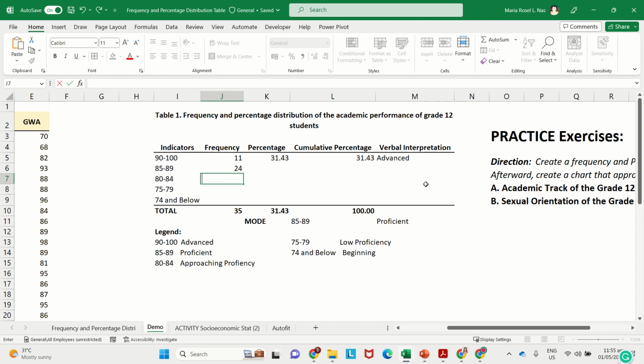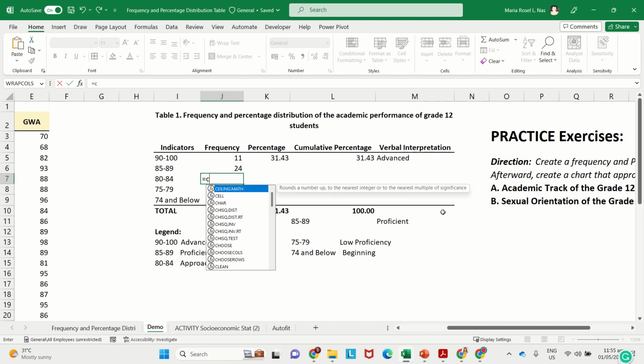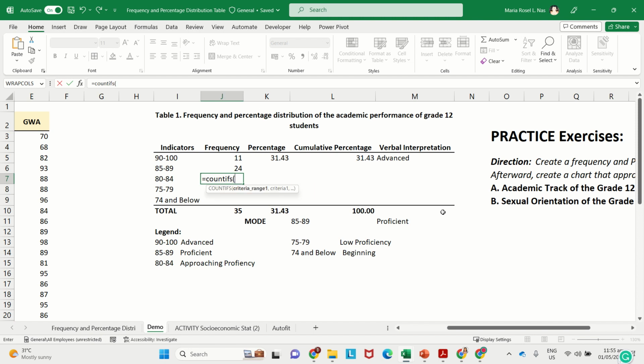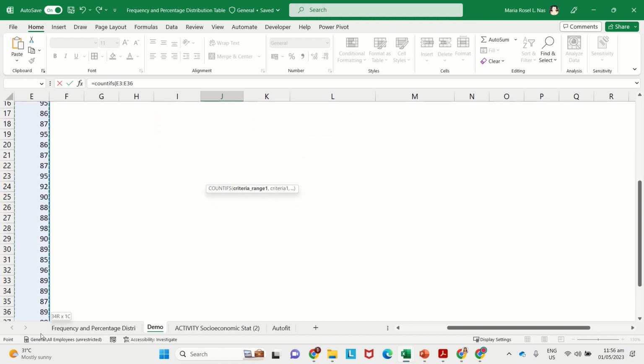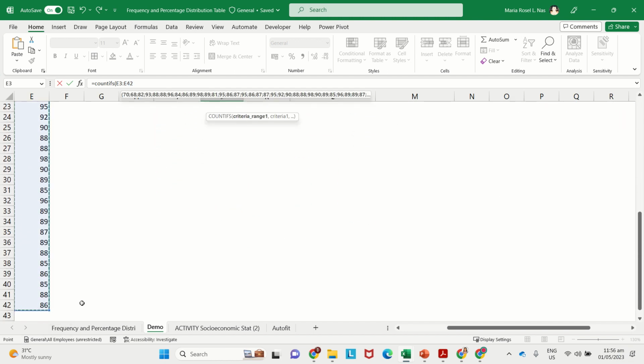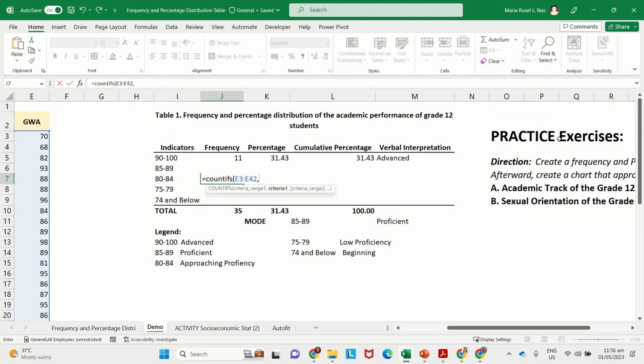Okay, so again insert equal sign and then COUNTIFS, open parenthesis, and the range where we would like to do the counting, which is from E3 to E42. And then our first criteria is that the value must be greater than or equal to 80.